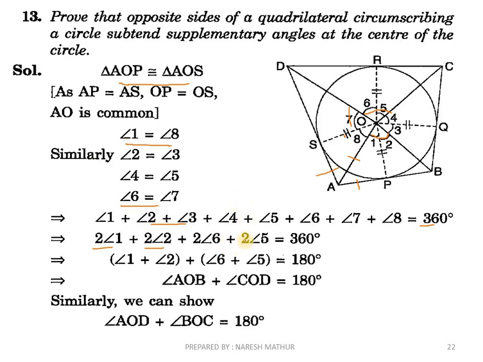Angle 4 plus 5 can be written as twice of angle 5, and 6 plus 7 can be written as twice of angle 6. Now divide the whole equation by 2, or we can take 2 common. So it will be 1 plus 2 plus 6 plus 5 equals 180. Angle 1 plus 2 equals AOB, and 6 plus 5 equals COD. So we have just proved that angle AOB plus angle COD equals 180.